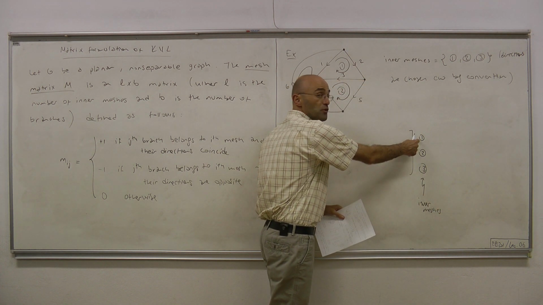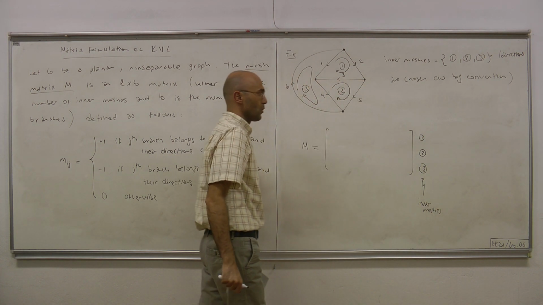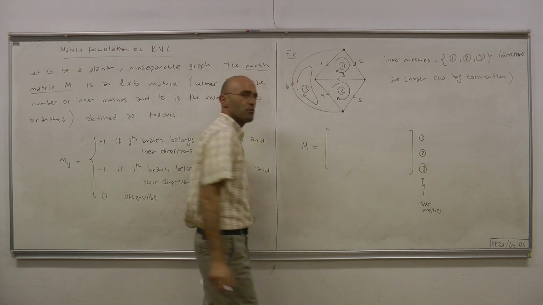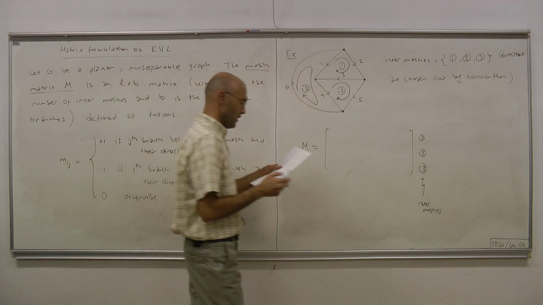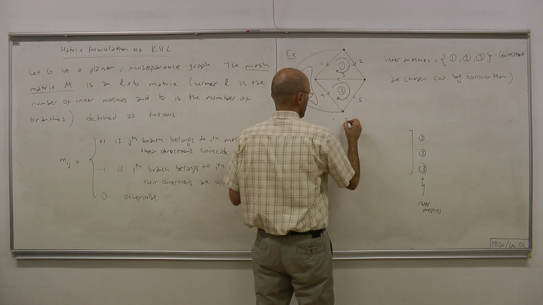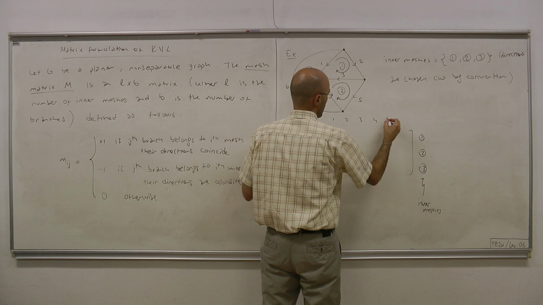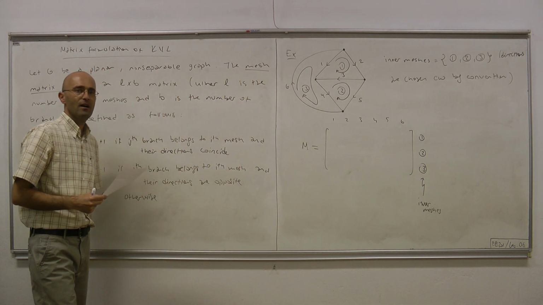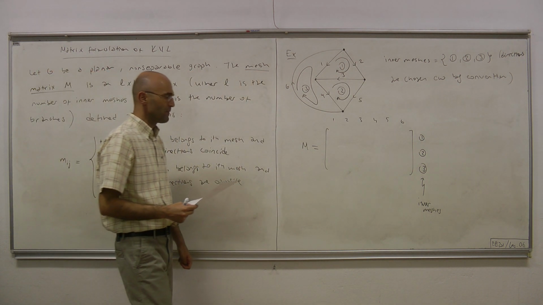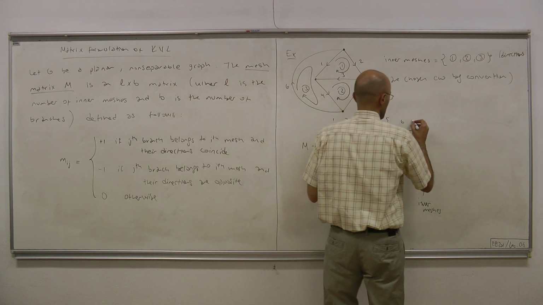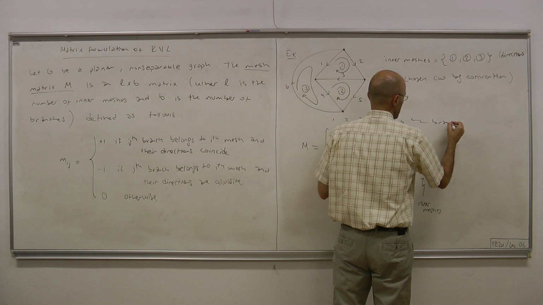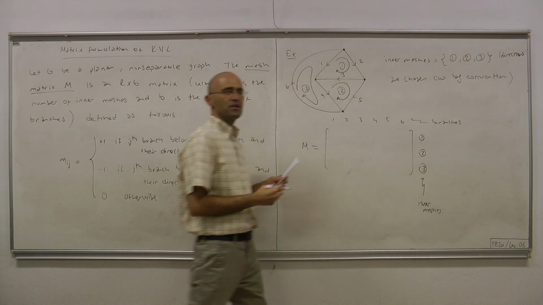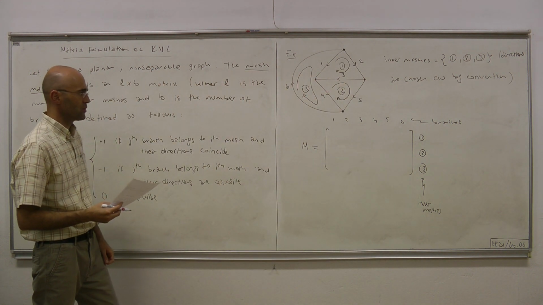The first inner mesh corresponds to the first row, the second mesh corresponds to the second row, and so on. And for each branch 1 through 6, there corresponds a column. Now let's fill in entries according to this definition.